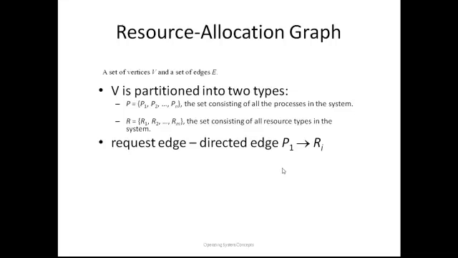Then the request edge is given by a directed edge, that is, P1 requiring the resource Ri or R1. That is, P1 gives a request to get the resource Ri or R1.